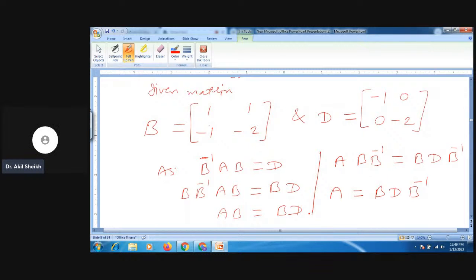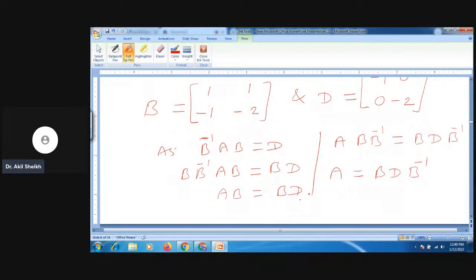Now in an examination you can use a scientific calculator. You can multiply these three matrices and you will get the matrix A. Here we multiply these three matrices manually. First of all, we have to find B inverse.